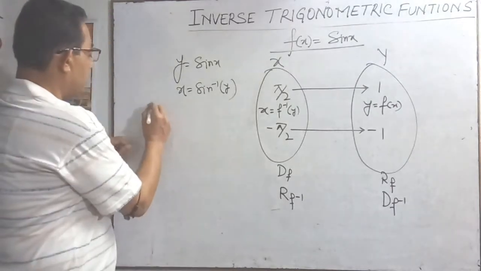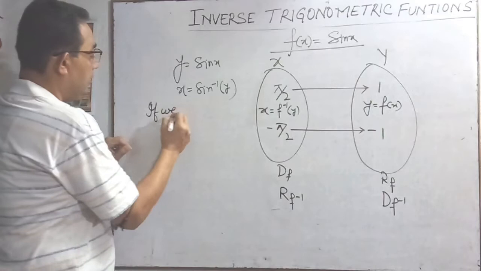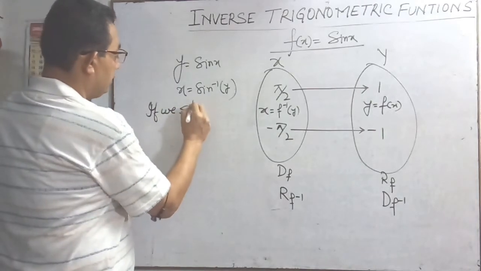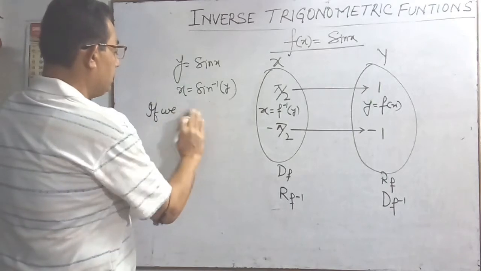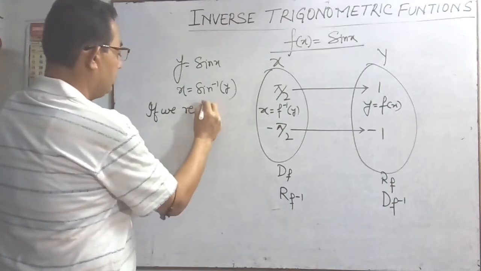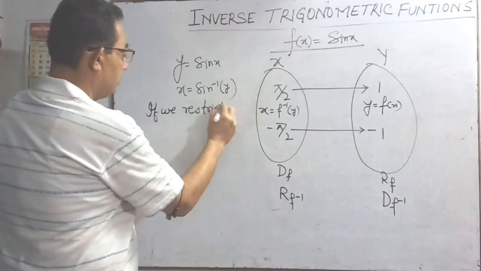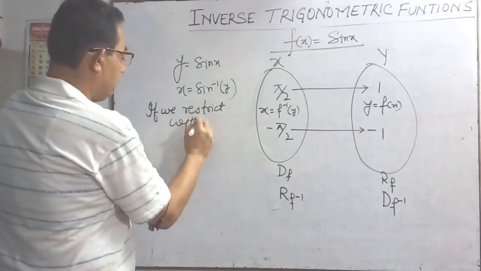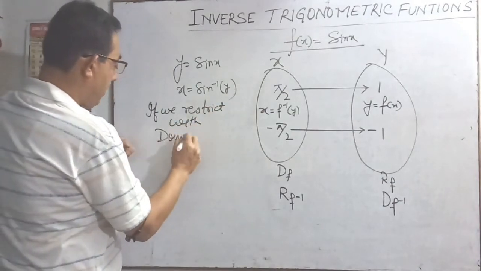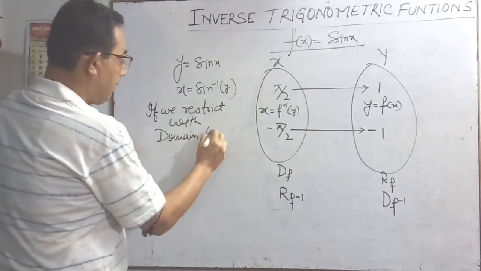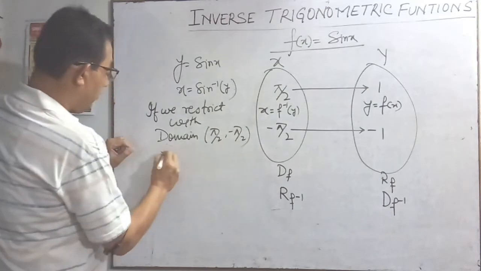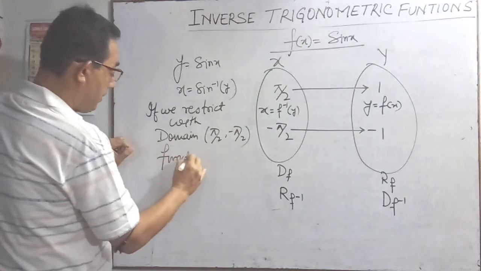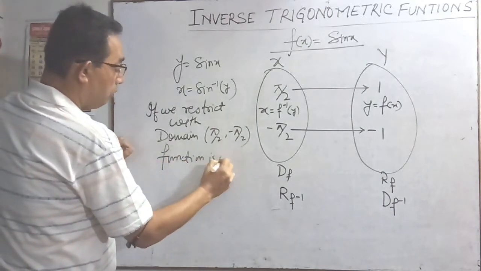If we restrict it with domain minus pi by 2 to pi by 2, function is one-one.